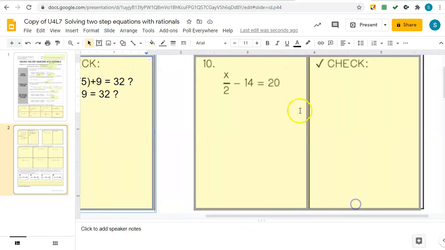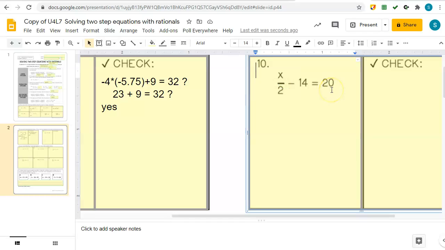Let's go ahead and take a look at this one. Again, you should be solving it ahead of me. So think about what operation, and in fact I'm going to shrink the text on this one again so it matches. So go ahead and try to solve it. I see a subtract 14, so I'm going to add 14 to both sides.